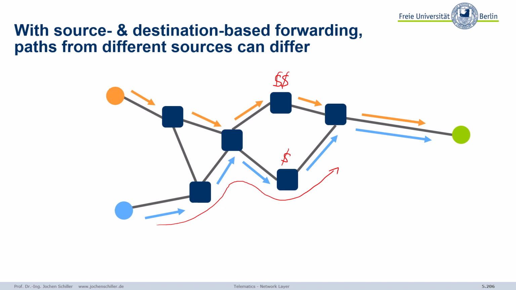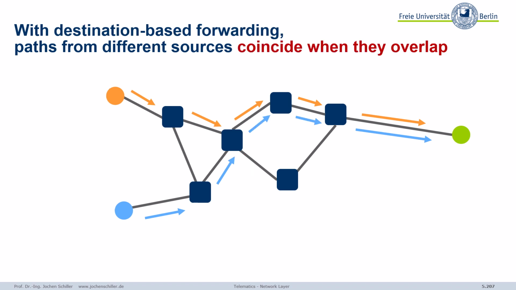Then if you look at source and destination, you can separate the traffic streams, although they have the same destination. If you only look at the destination, like our postal service, those two traffic streams will come together at this router because they have the same destination.